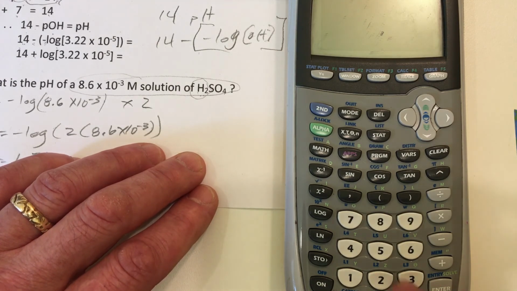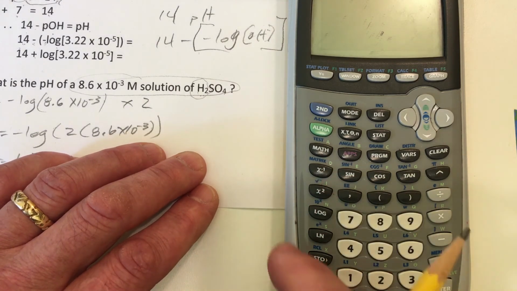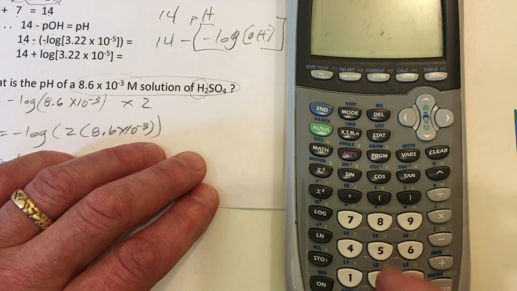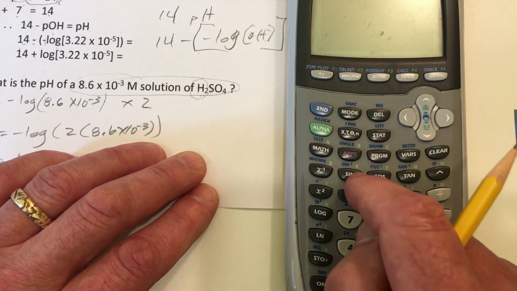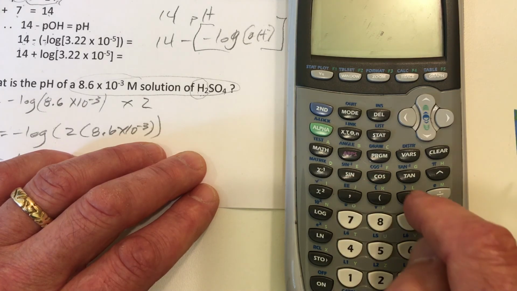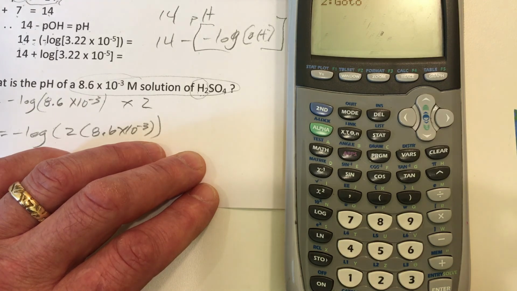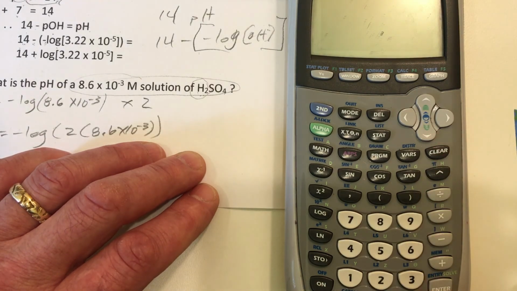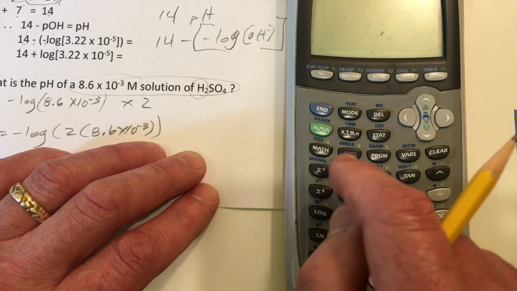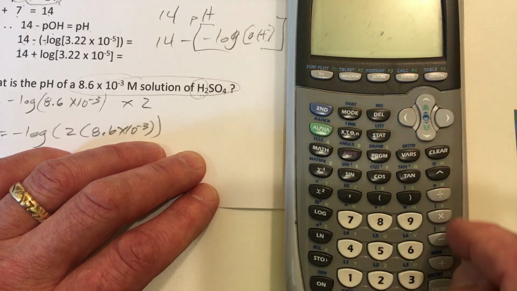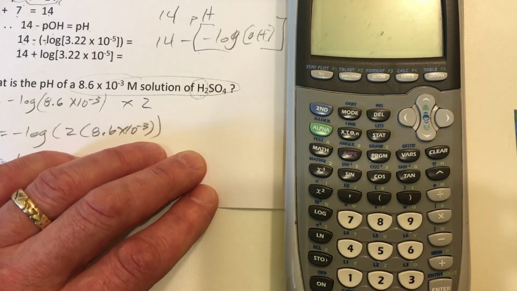If we did it the other way, we could just do, and again, you might like it this way better, we're going to do negative log, and then 8.6 exponent, close the parenthesis, enter, whoops, what did I do wrong? Let's try again. Negative log, I see. Let's try it again.